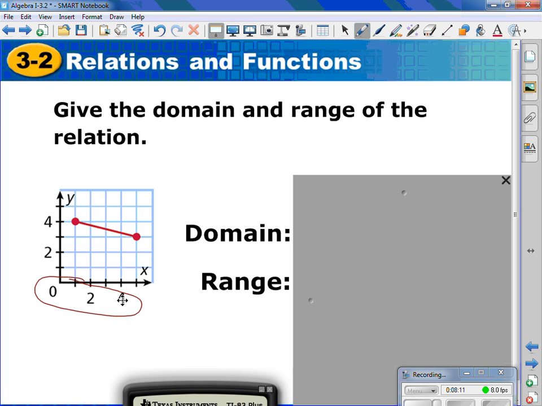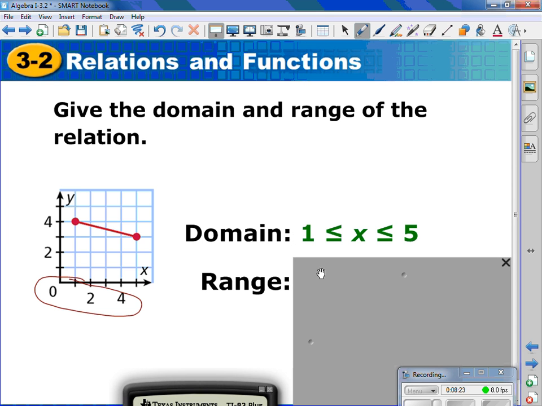Are my endpoints solid or open? Solid, so that means they are including it. My domain is 1 is less than or equal to x is less than or equal to 5. Because it's everything in between. This goes back to the first section. This goes back to last chapter.